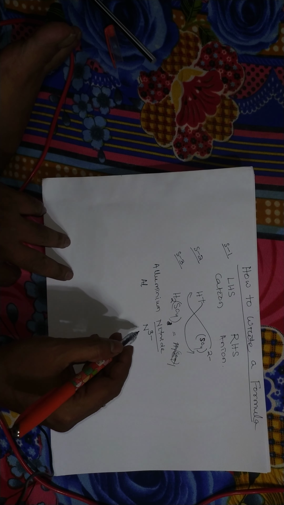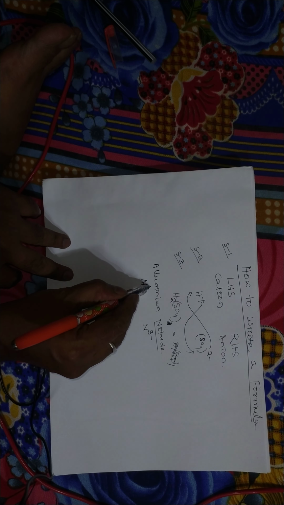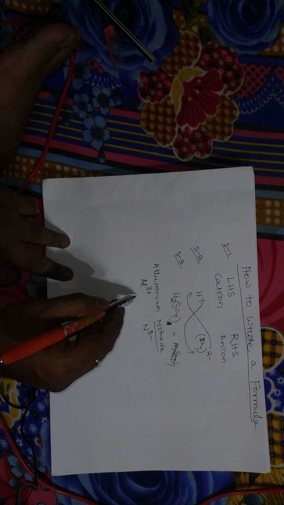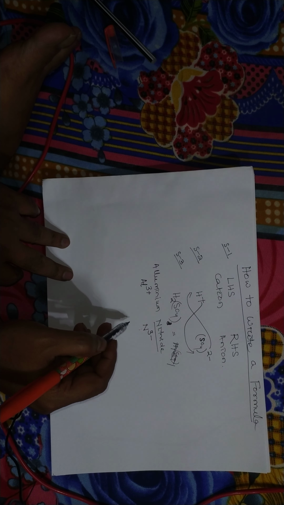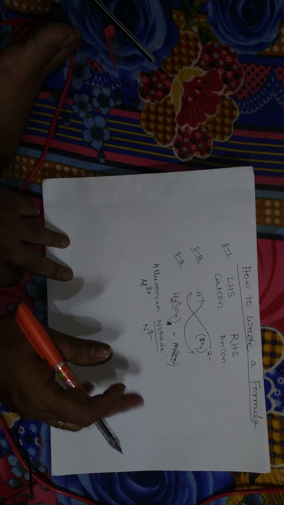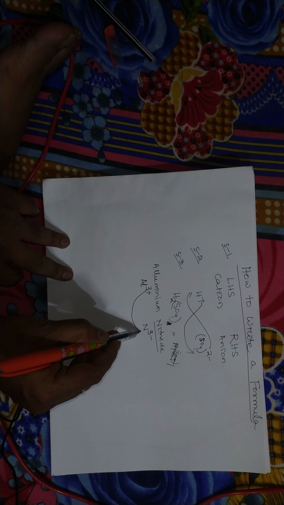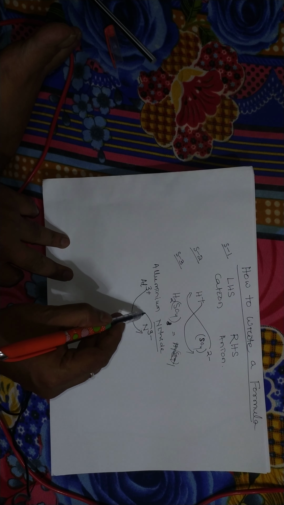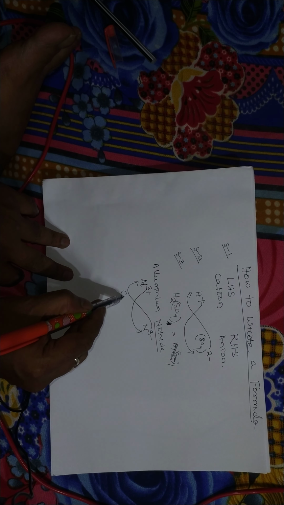So nitride means, remember, N3 minus, and aluminium contains 3 plus. For the next step, no compound radical is there, so no need to give a bracket. Bracket is optional. Then finally I will crisscross the charge. So 3 plus comes to nitrogen and 3 minus comes to aluminium.